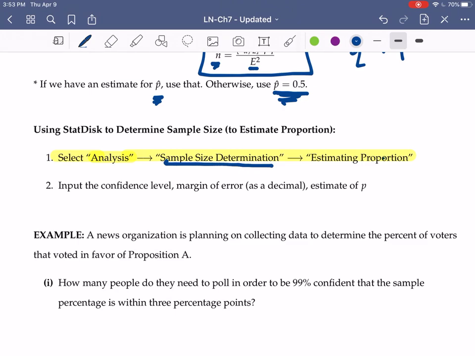We need to input 3 different things here: the confidence level, the margin of error, which we input as a decimal, and an estimate of p, the proportion of the population.